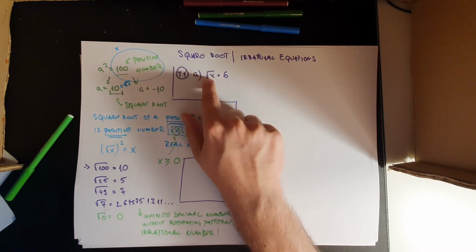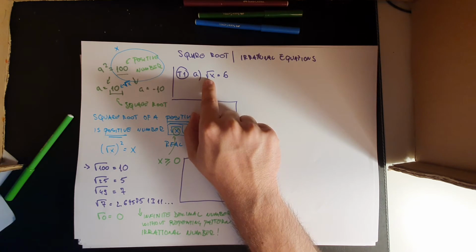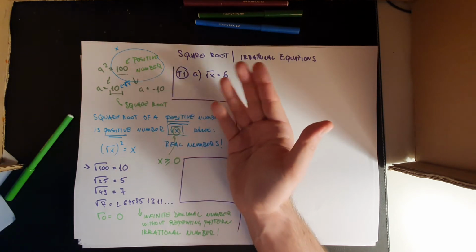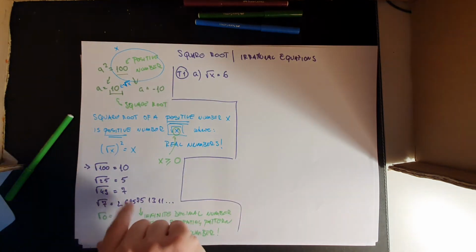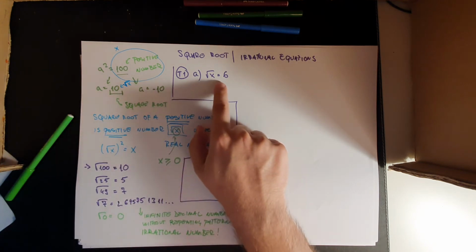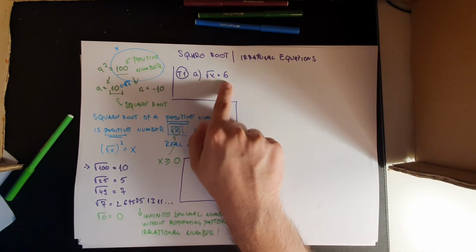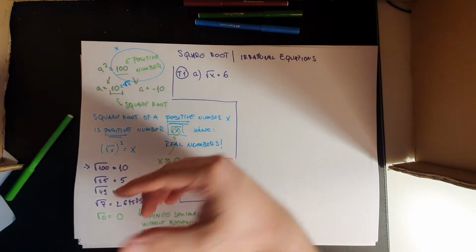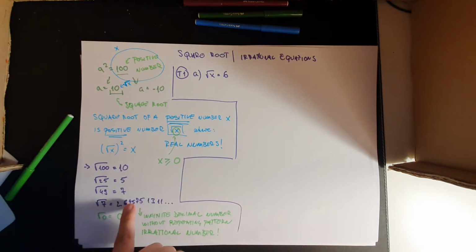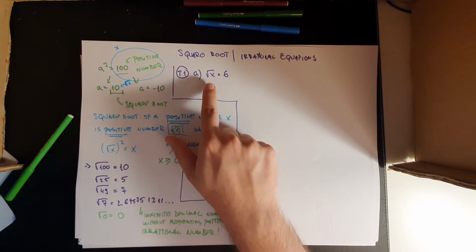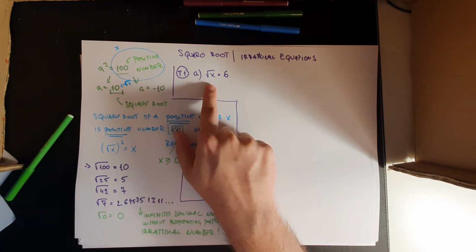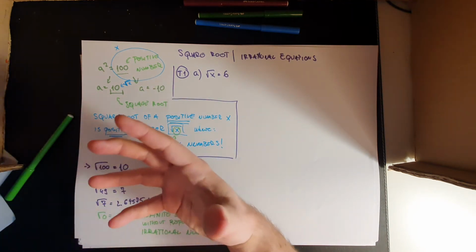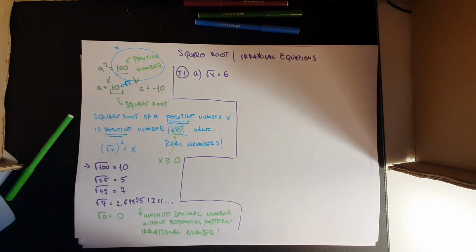So this whole form is going to be called irrational because it may or may not be a natural number. Well, square root of x equals 6, so the right side is natural, but it doesn't matter. The idea is, because most of the roots are going to be irrational numbers, immediately when you see something like square root of x, we say it's an irrational equation because of that.